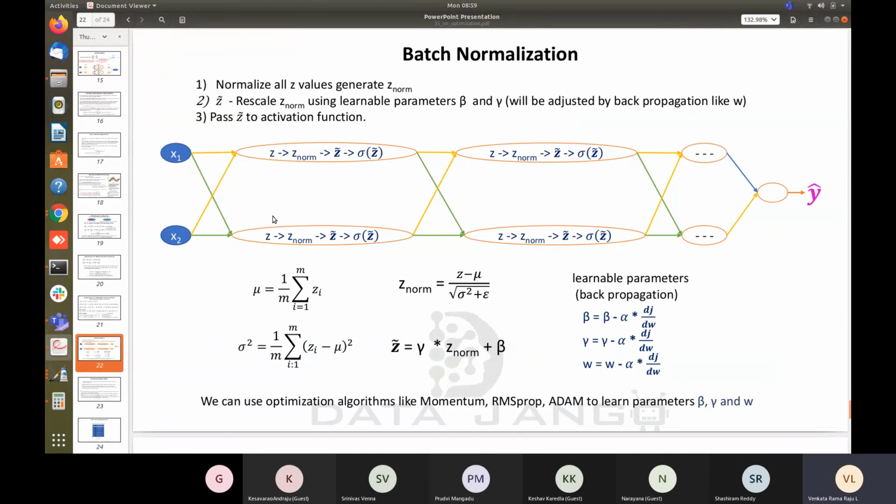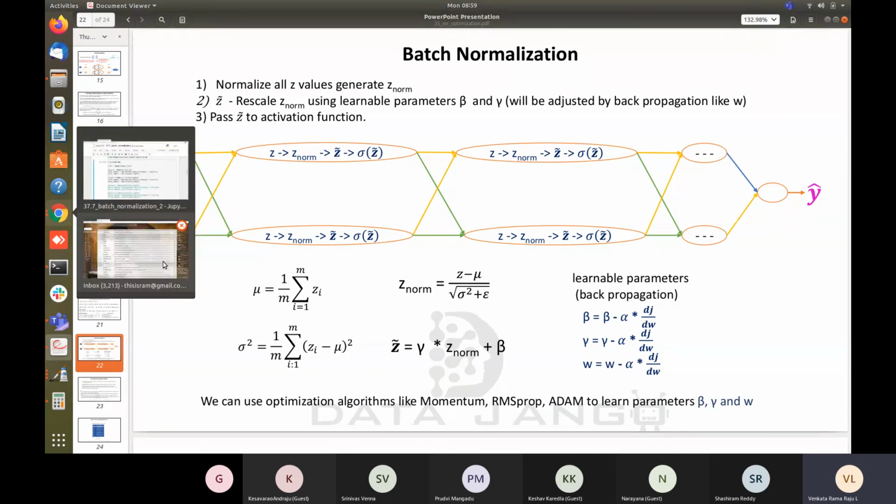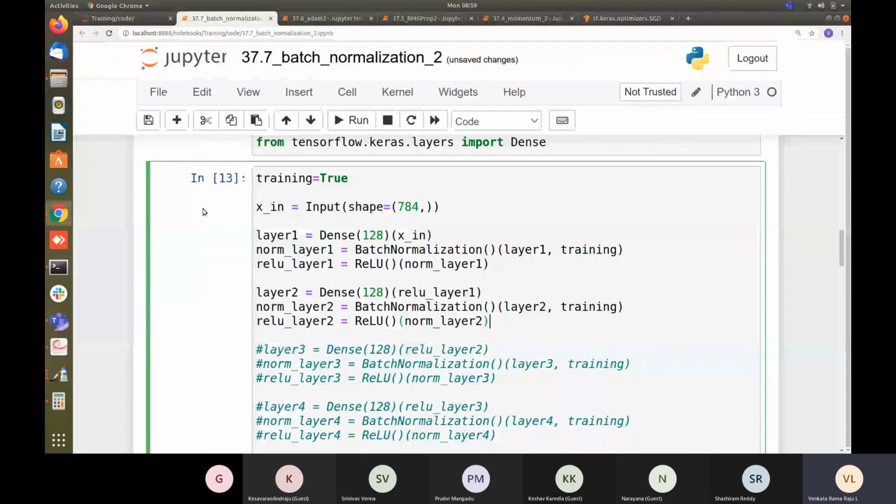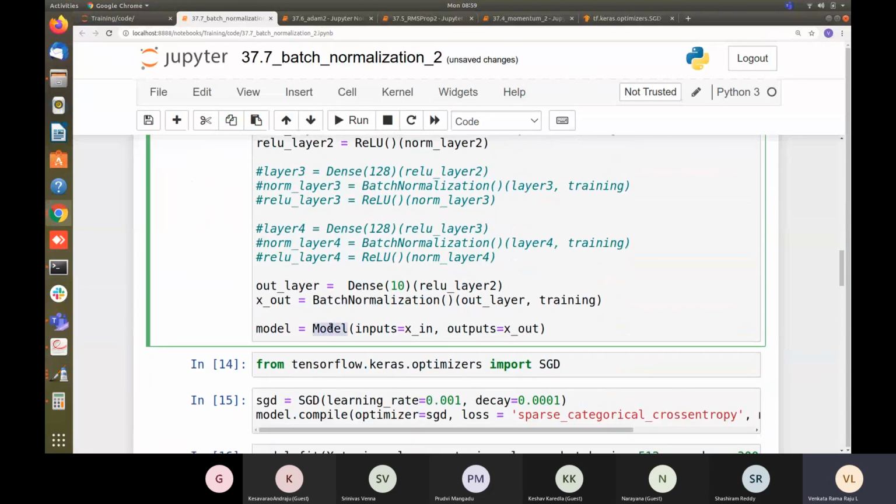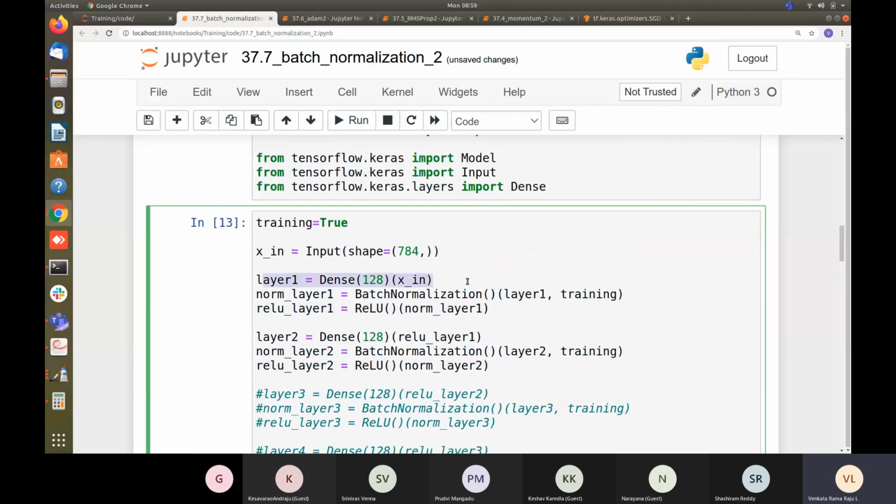I have taken it without any activation. See this in the code? No activation. I think this is old TensorFlow Keras code, but that's okay. I took the dense layer without activation, batch normalized, and then applied ReLU.